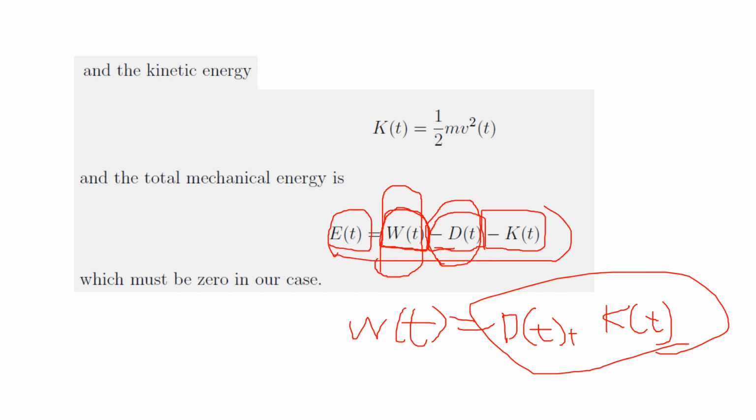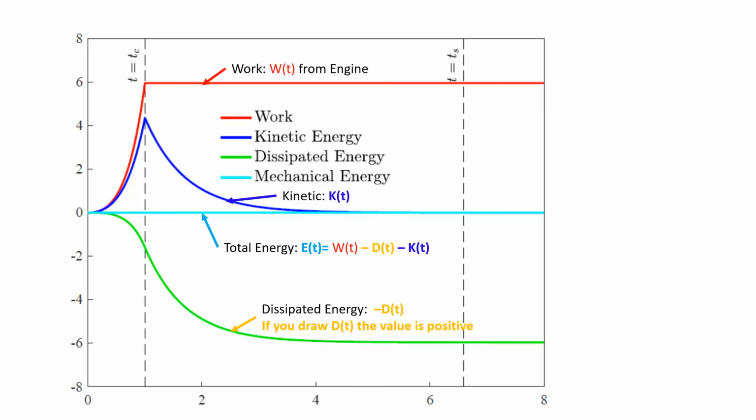So if you use Wt minus Dt minus Kt, you will get the energy balance, which should become 0. The energy is balanced.